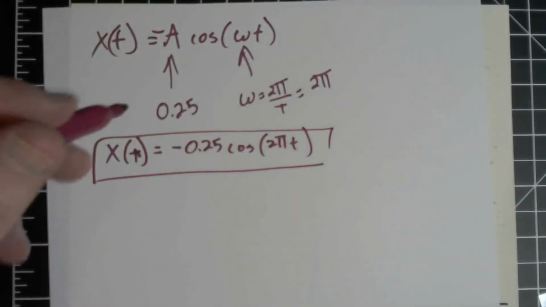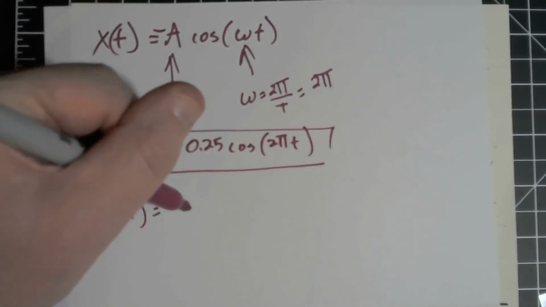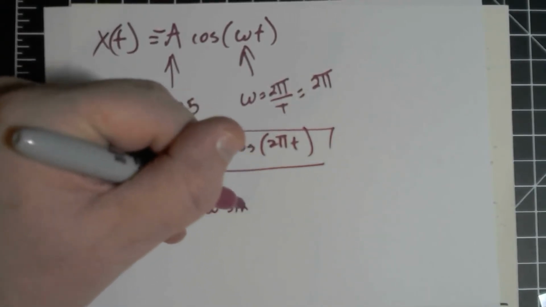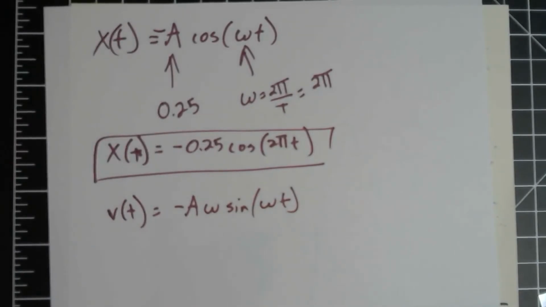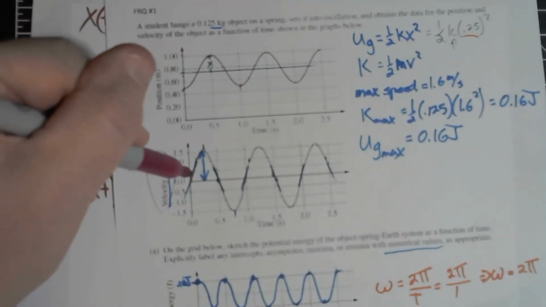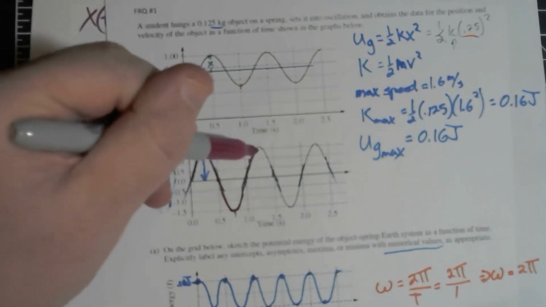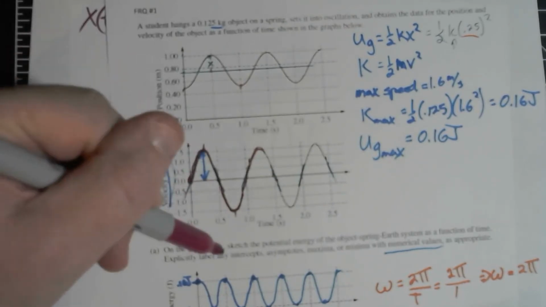Now, for the velocity function, it's typically negative A omega sine omega t. But it's important to look at your graph. Hey, this is not an upside down sine function. It's just a regular plain old sine function. Because I have that shape, it starts at 0 and it goes up instead of down.